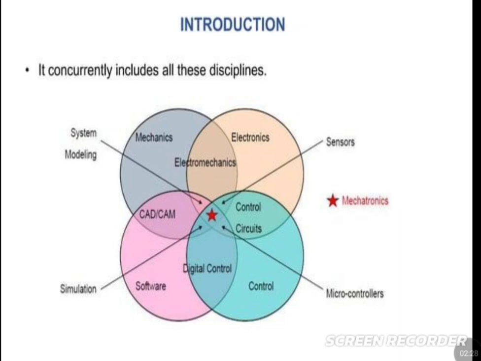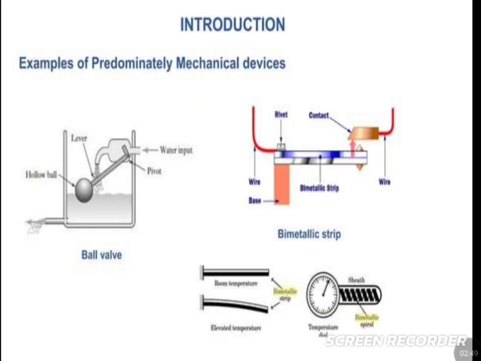And all the 4 things are carried out by system modeling, sensor, microcontroller and simulation, which are the third integration of the systems. And finally, the final integration, mingling all the disciplines, is called mechatronics. This is the core diagram of the mechatronic systems.